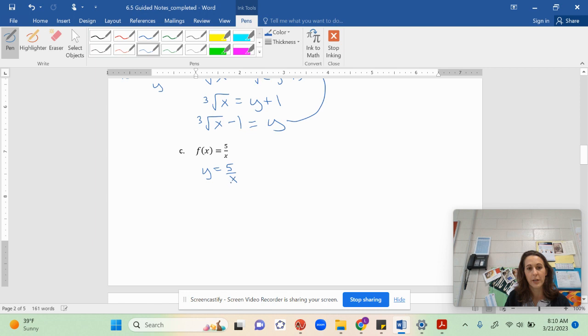Not really doing much yet, but that's going to make this process easier. And then we switch x and y. That's always the next step. So we have x equals 5 over y, and then isolate for y.